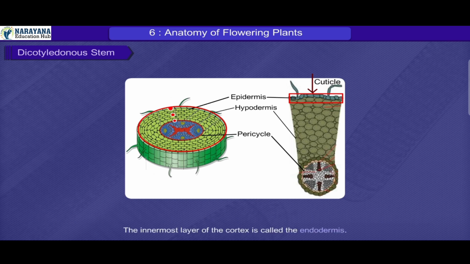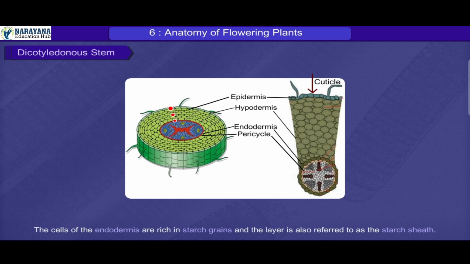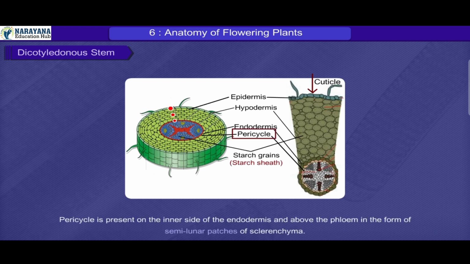The innermost layer of the cortex is called the endodermis. The cells of the endodermis are rich in starch grains, and the layer is also referred to as the starch sheath.